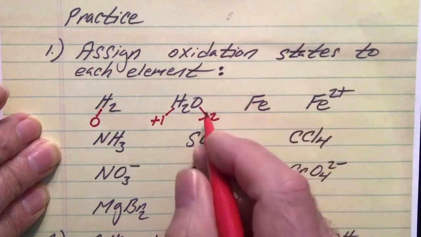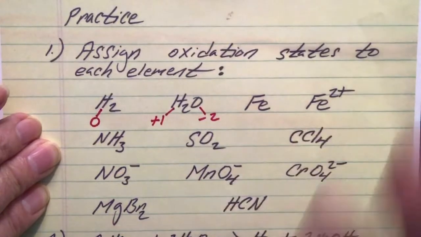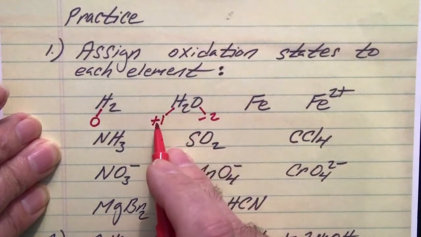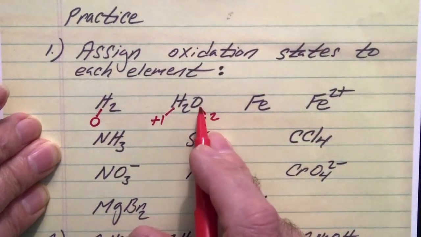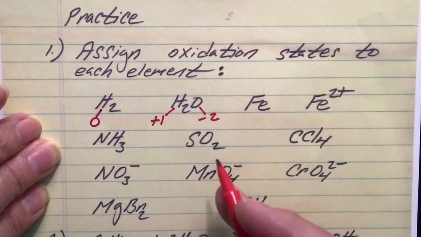Hydrogen and oxygen, as it turns out, are your best friends with this. They're the most common elements by far, and so assigning hydrogen a positive 1 oxidation state and oxygen a negative 2 in many of the compounds, as we'll see, will help you figure out what the other oxidation states are.